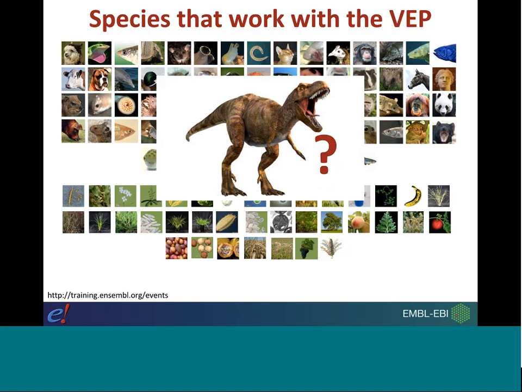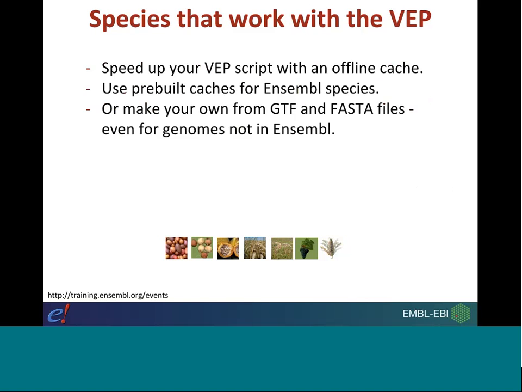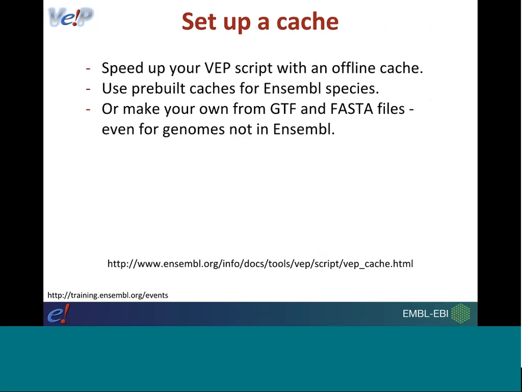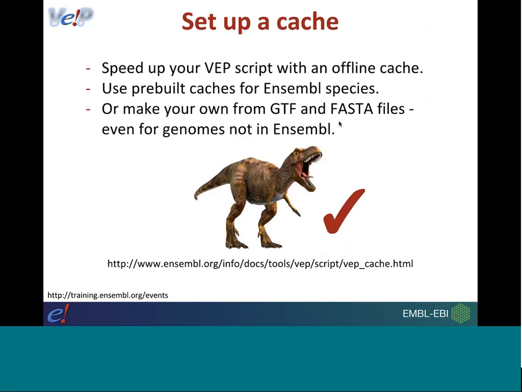And even if you're studying a species not in Ensembl, you can even set up your own cache using a gene annotation file and FASTA files. You can set up your own cache and use the VEP to run your variation data against your species of interest. So even if you don't have a reference genome assembly in Ensembl, you can set up a cache and analyze your own variation data there as well.